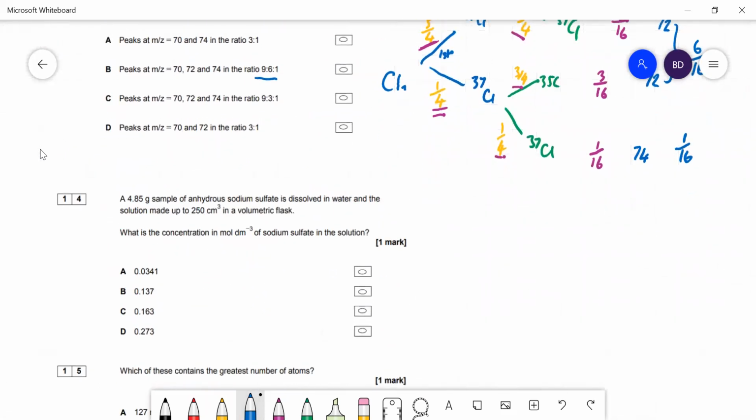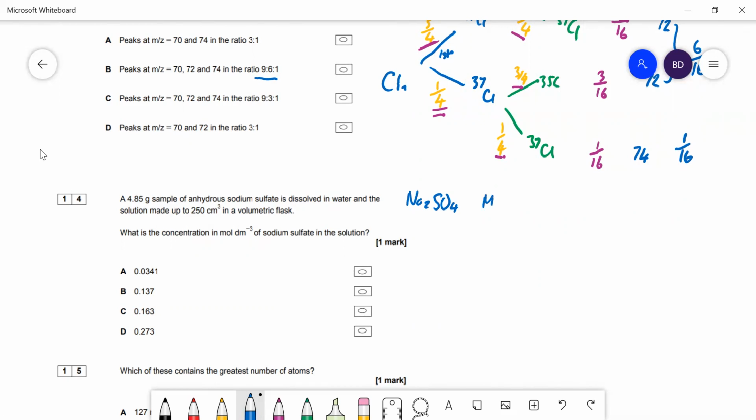Right, number 14. A 4.85 g sample of anhydrous sodium sulfate, so that's going to be Na2SO4, is dissolved in water and the solution made up to 250 cm3. What's the concentration of the sodium sulfate?